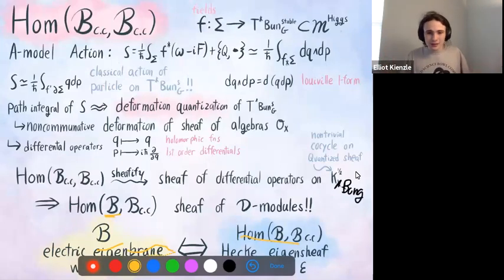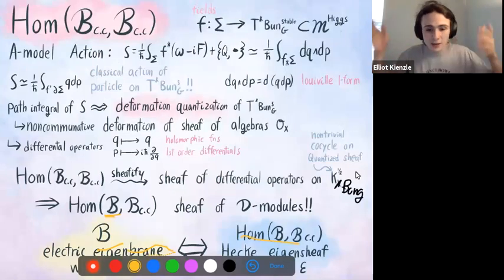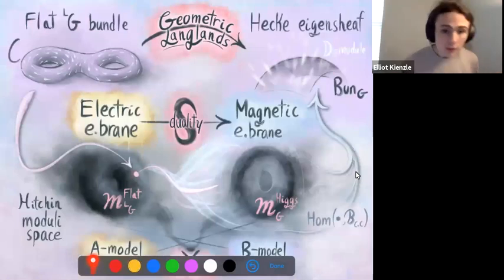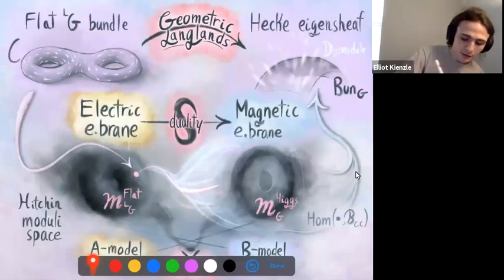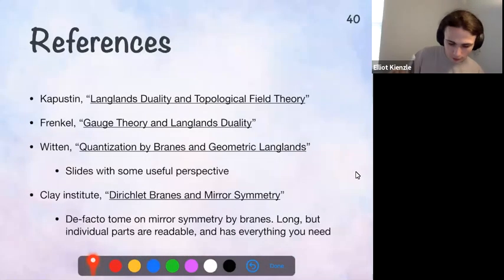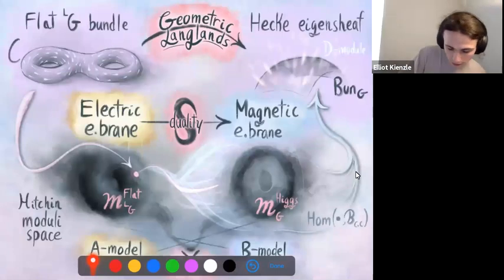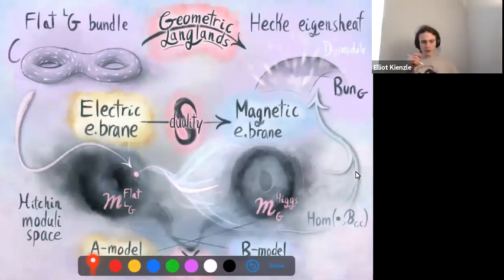Now, I'm just basically going to summarize the whole story that we have, okay? So we're starting with basically a flat G bundle, flat bundle in the Langlands dual group. Oh no, over a curve C, right? So it's kind of corresponding to this guy here, right? So we use the Hitchin system.